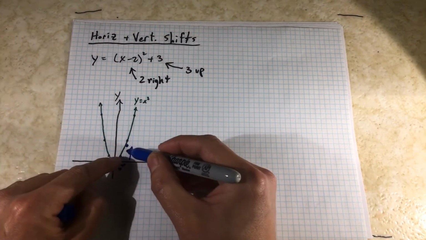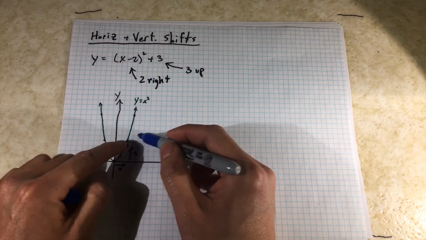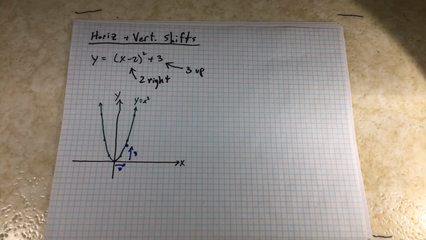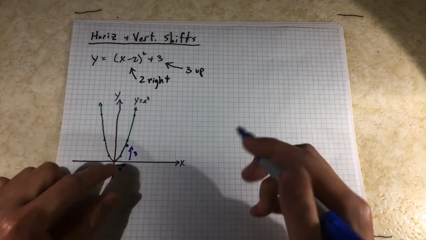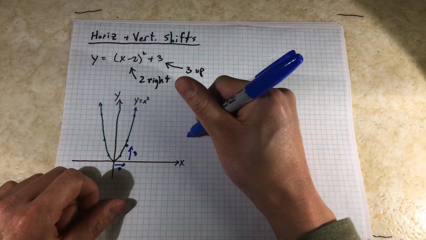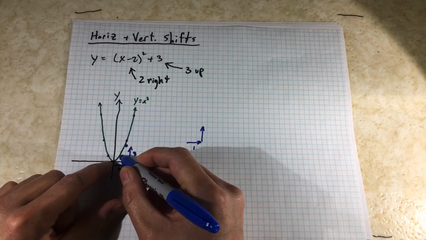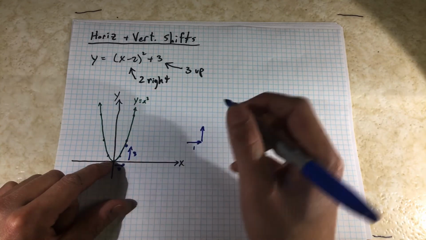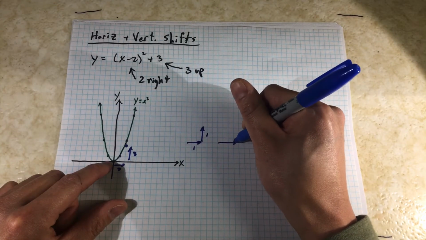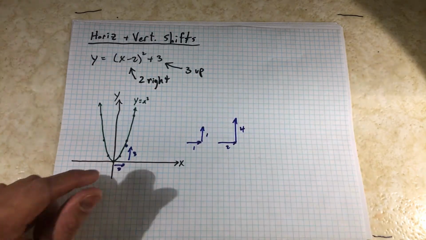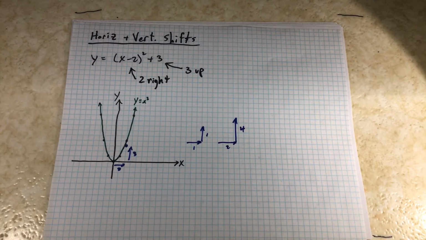And that's basically what I'm going to do for all the points. Now, I could start at this point and go 2 to the right and 3 up for each one. But the way I want you to think about this is that we're following this pattern: start at the vertex, go 1, 1 to get your next point, and then go 2, 4, using that vertex as a relative point to graph the other points.